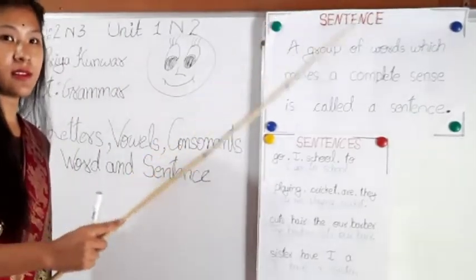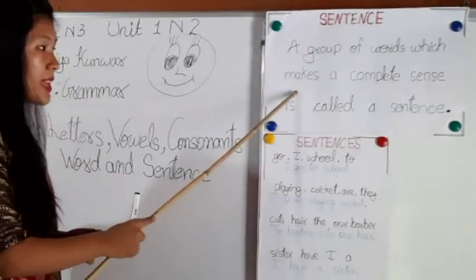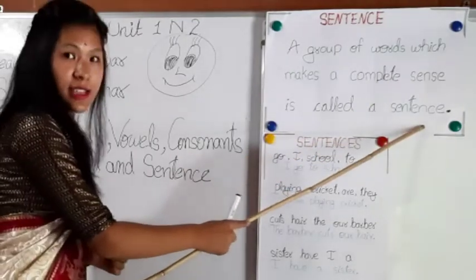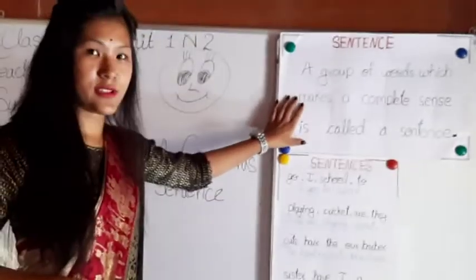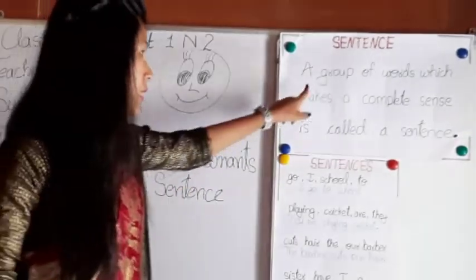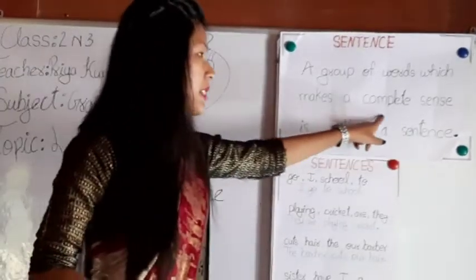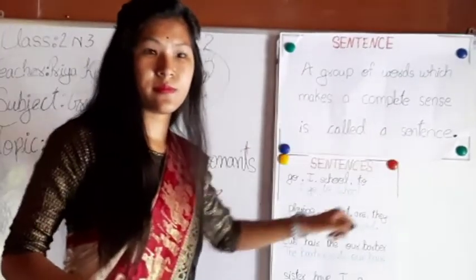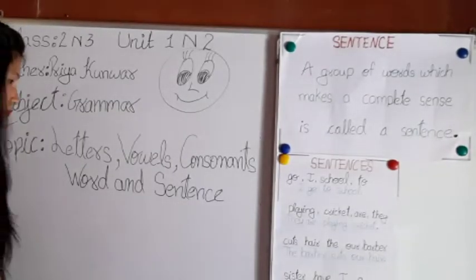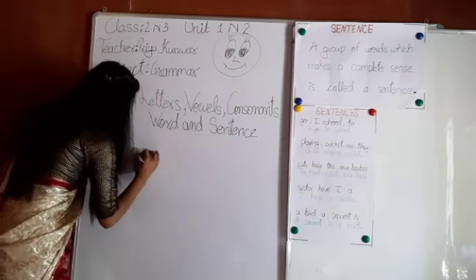Again, a group of words which makes a complete sense is called a sentence. In this definition, there are two important things. The first one is group of words and the second one is complete sense. Now let's make one example. Dancing. D-A-N-C-I-N-G.